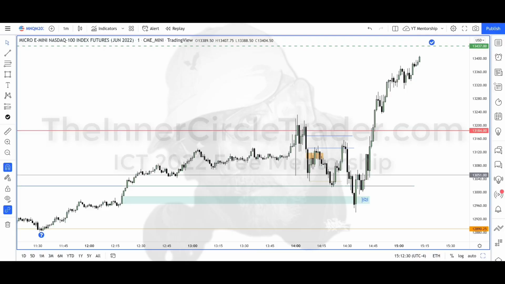Now, what I did was I took the low at the turn after it made its run into that little blue shaded area. Once it started rallying and it took out the swing high around that 13,150, it basically crossed back over where the fair value gap is, the larger one that it dropped down into.